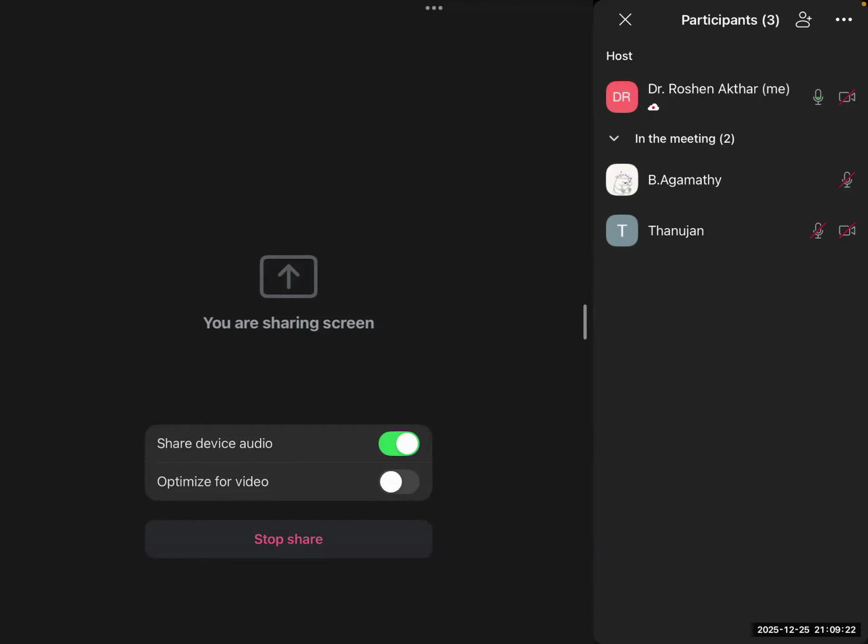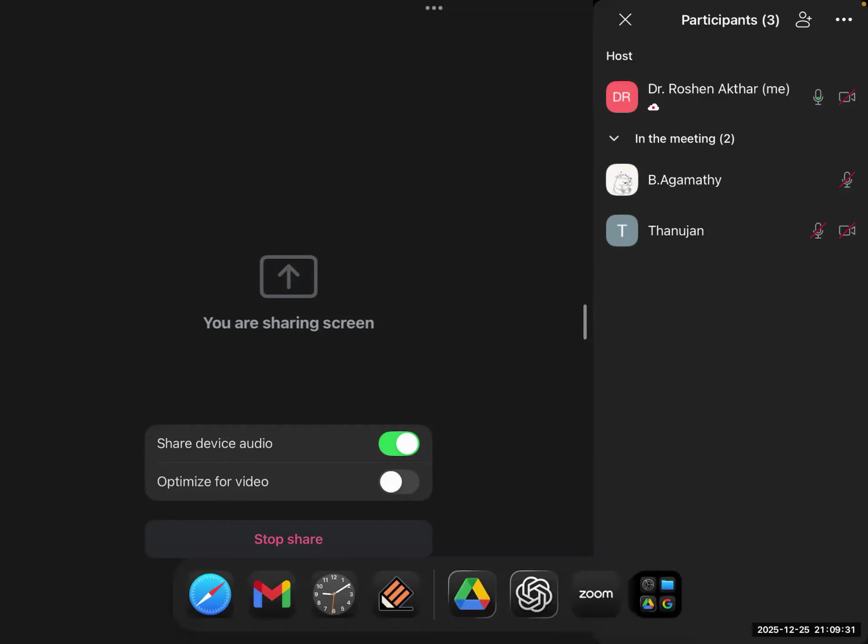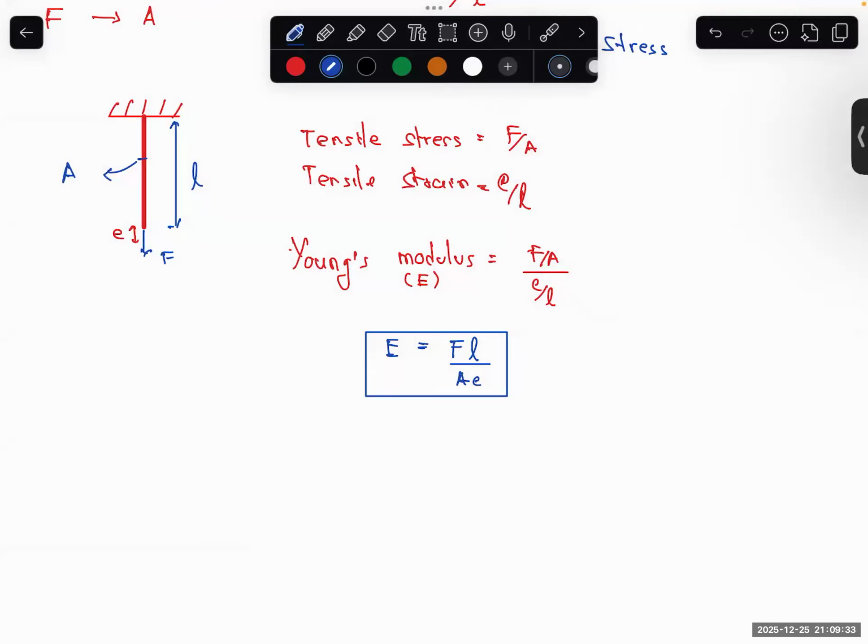So in those instances, you go for absolute humidity, which is the mass of the water vapor in a unit volume. So similarly, here you have talked about the stress and the strain in terms of unit area, force and the extension in terms of unit area and length. So therefore, you have removed those factors.